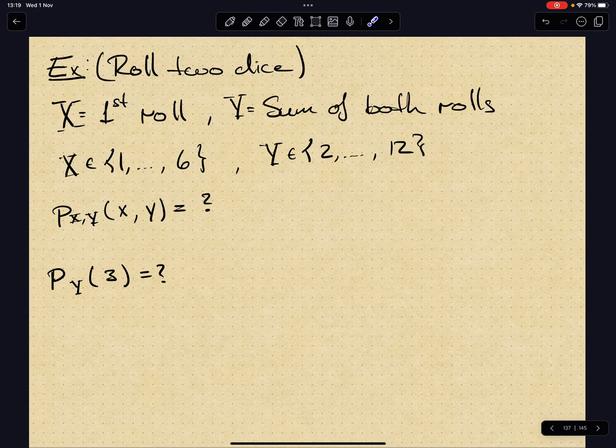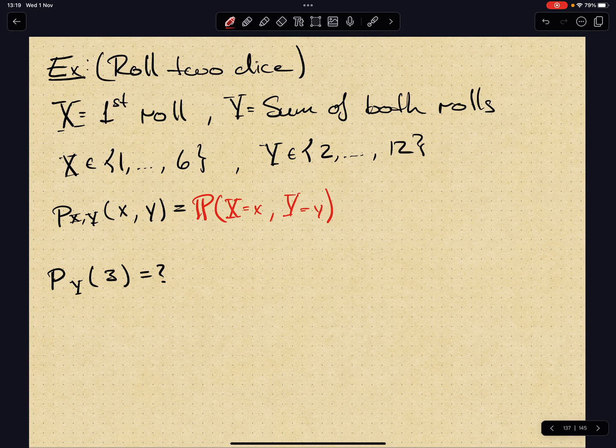You should pause the video for a second if you want to try to compute this on your own, and you should try, but this is the way that we compute it, essentially. By definition, this is the probability that x is equal to x and y is equal to y. Here x is the first roll, and y is the sum of the two.